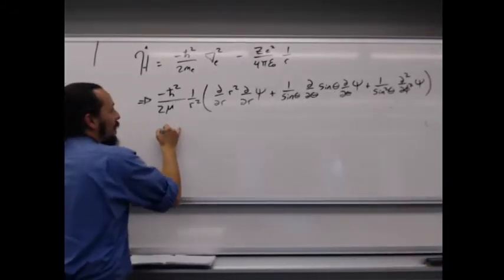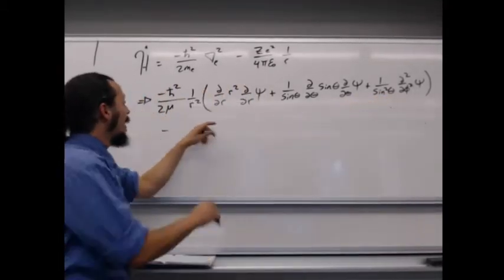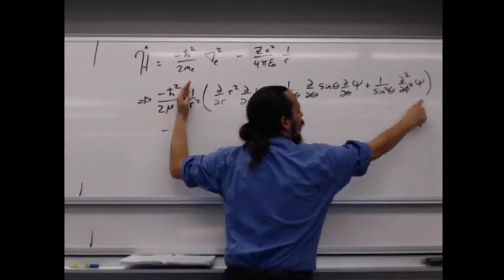Minus this term, just that term, right? This is all just del, right? With this r squared, that all is just del squared.